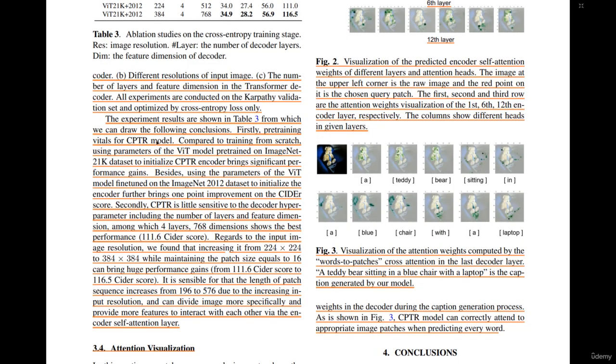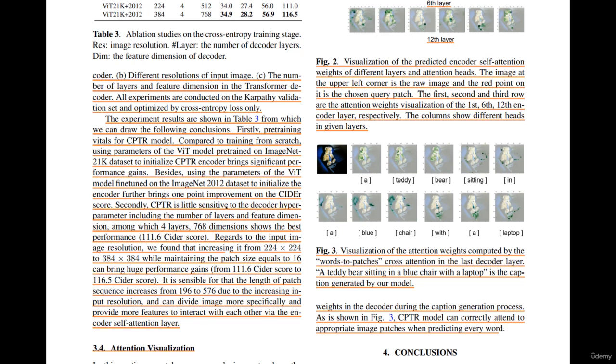So compared to training from scratch, using the parameters of the visual transformer model pre-trained on ImageNet 21K, that's a 21,000 class dataset, to initialize a CPTR encoder brings significant performance gains. Also, using the parameters of the ViT model fine-tuned on the ImageNet 2012 dataset to initialize the encoder further brings a 1 point improvement on the CIDEr score.